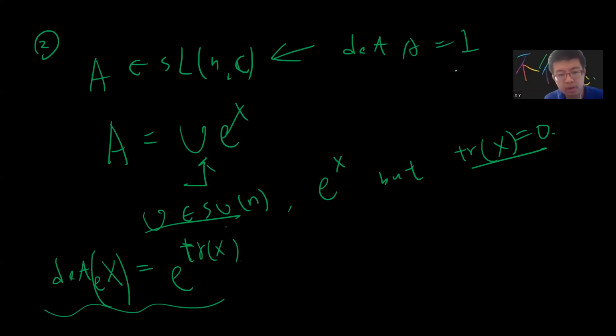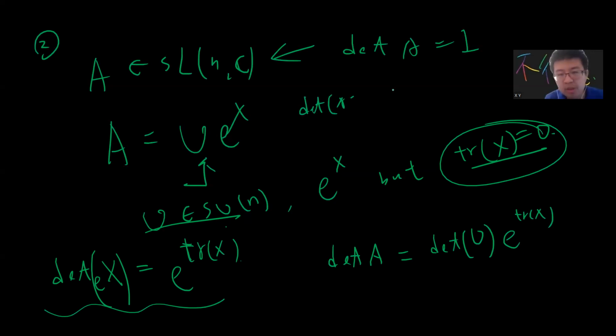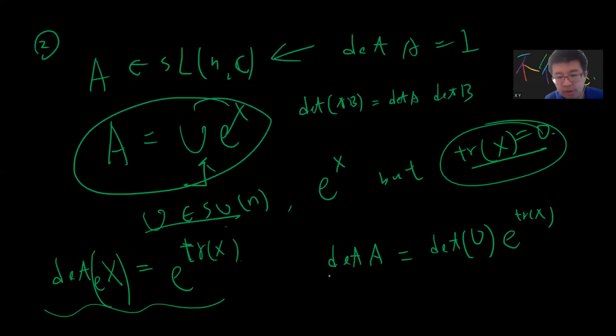If this is 1, you should get trace of X equals 0. Obviously, the determinant of A is the determinant of U times exponential trace X. Remember that the determinant of AB is the same as determinant A times determinant B. So we start from here, then we can arrive here.